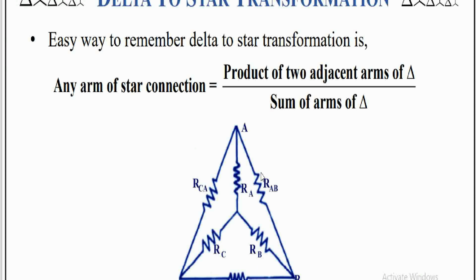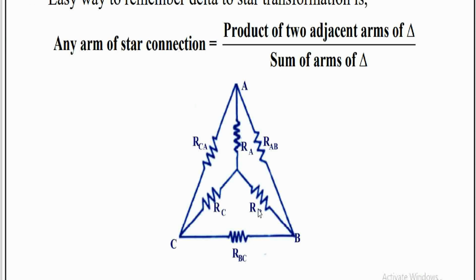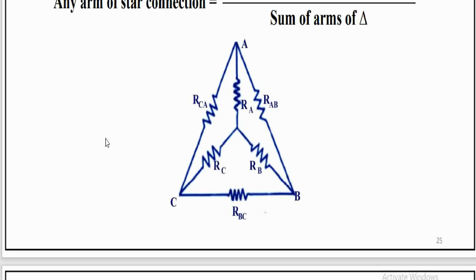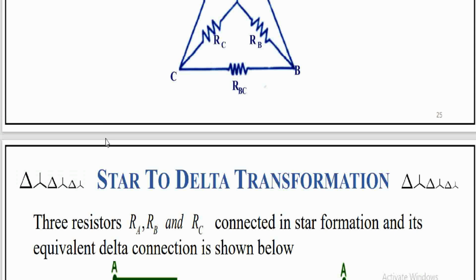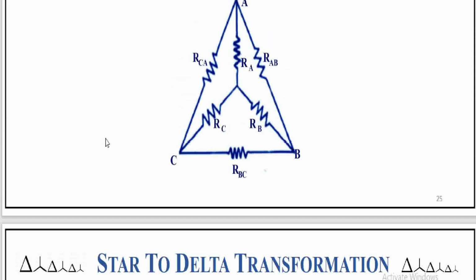So this is an easy way to remember it. That is, RA is equal to the product of RAB and RCA by the sum of RAB, RBC, RCA. Similarly, RB is equal to the product of adjacent arms RAB, RBC by the sum. And RC is the product of RCA, RBC by the sum. So this is your conclusion for delta to star transformation.